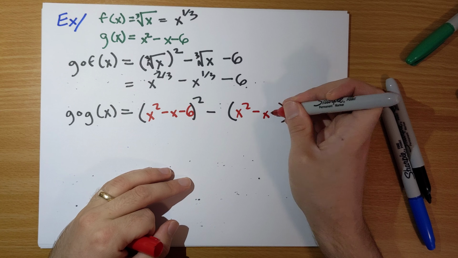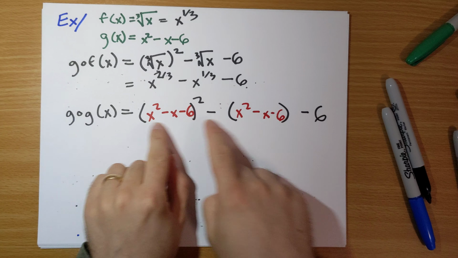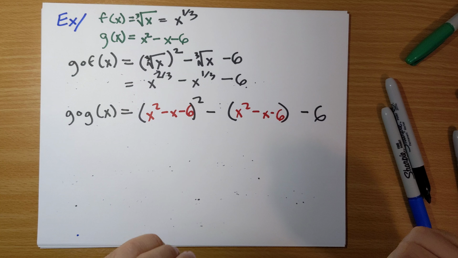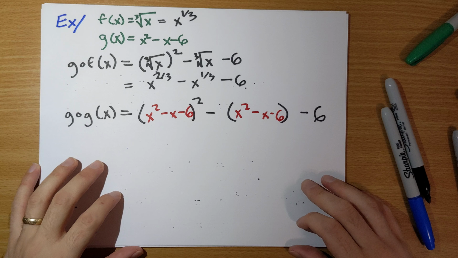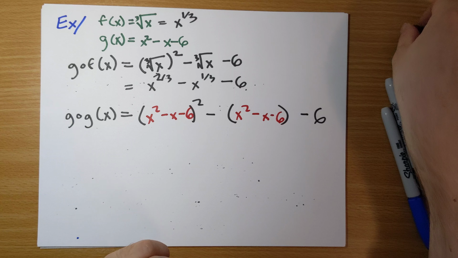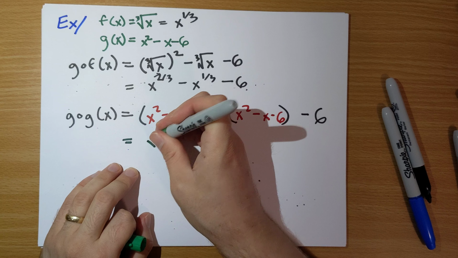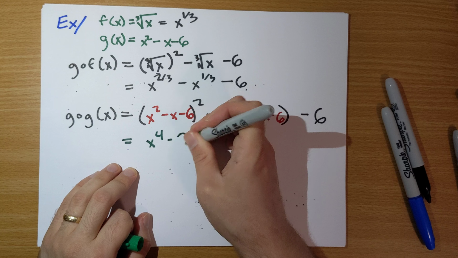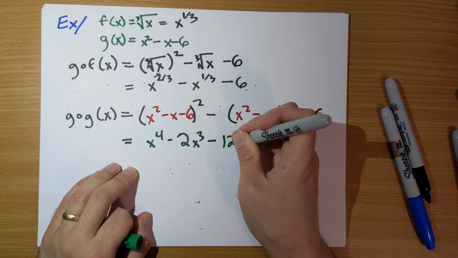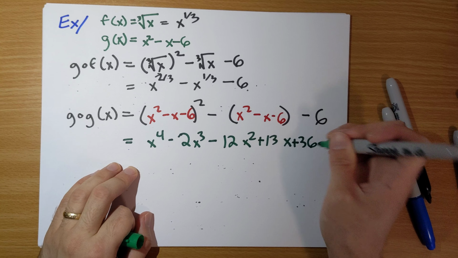Those are formulas for g of x. This is a perfectly fine final answer. If you want to simplify things, you get x to the 4th minus 2x cubed minus 12x squared plus 13x plus 36.